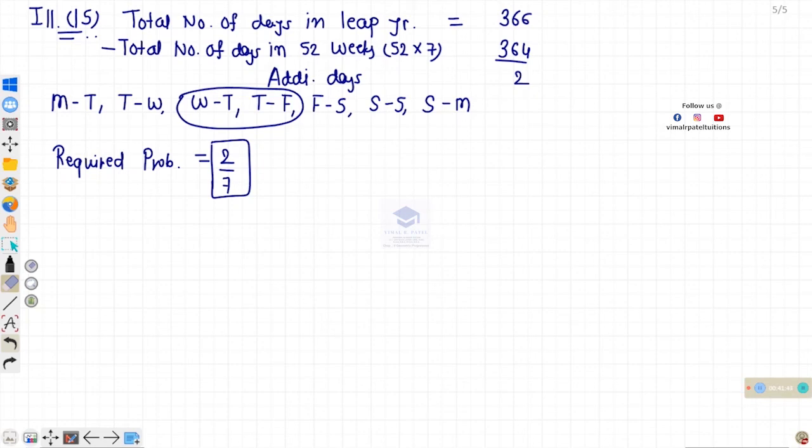પછી લો એના જેવા છે હવે. Probability of 5 Mondays in February of leap year.